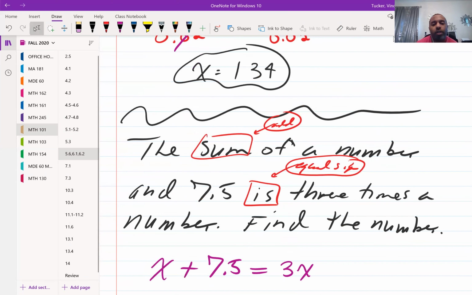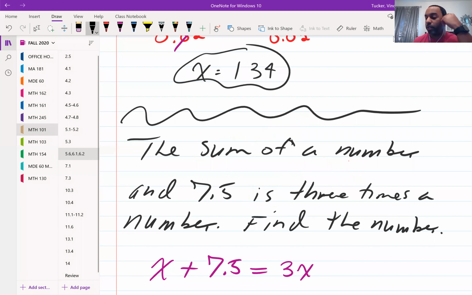Okay, so here we have the sum of a number and 7.5 is 3 times the number. Find the number. So when you look at what we have, there are going to be keywords and key phrases. I think we talked about this in this class already with just regular numbers. There'll be keywords and key phrases that will let you know how to set up your equation.